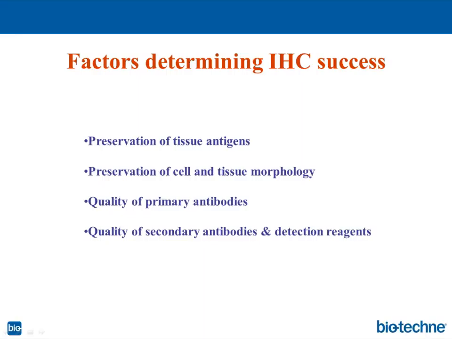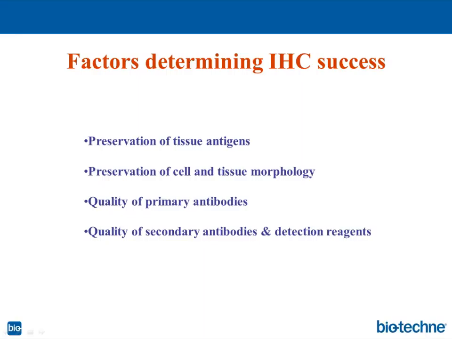Another key parameter is the quality of primary antibodies, because no matter how well the morphology and antigens are preserved, if we are limited to using antibodies of low quality, then our experiment may not work out. By quality of antibodies, I mean their affinity and their specificity.